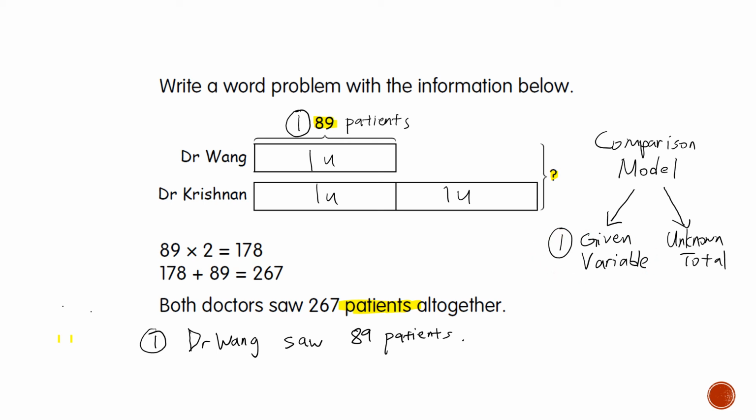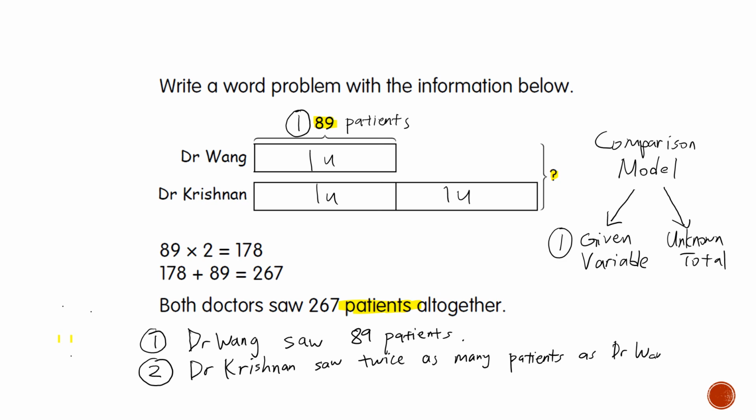Now second sentence. Dr. Krishnan saw twice as many patients as Dr. Wang.